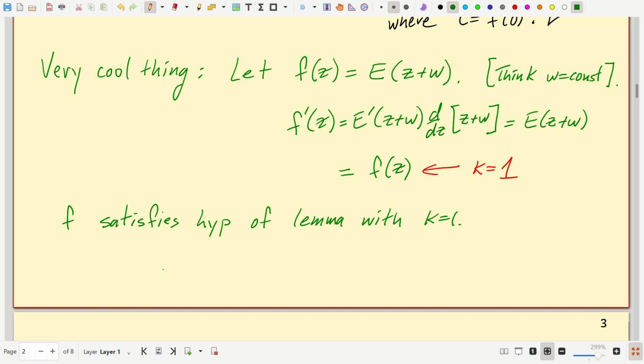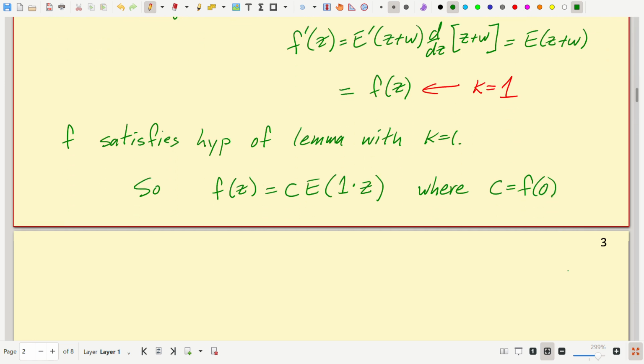So that means that f of z is equal to a constant c times e to the 1 times z, where c equals f of 0.